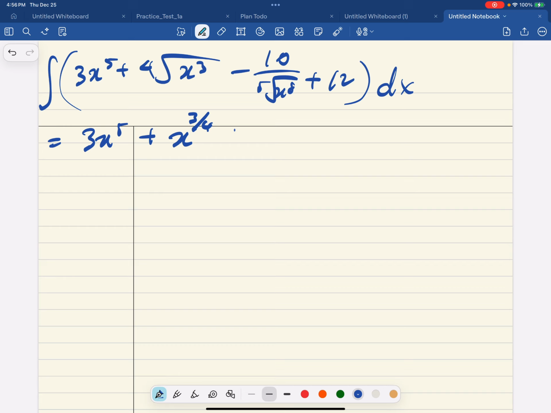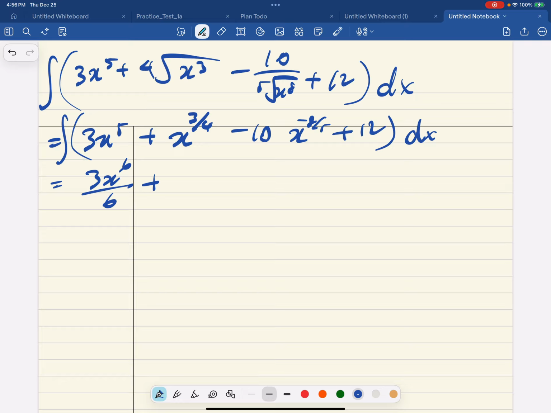And that's a negative 10 times x to the 8 over 5, but negative because it's in the denominator, plus 12. And don't forget your notations all the time. X to the 6 divided by 6 plus x to the 3 on 4 plus 1 is just plus 4 on 4. So that's a 7 on 4 divided by 7.